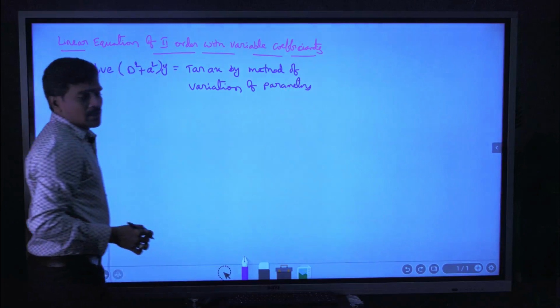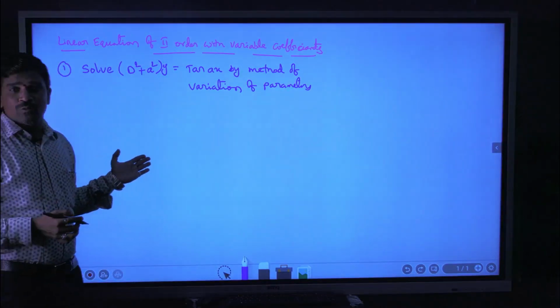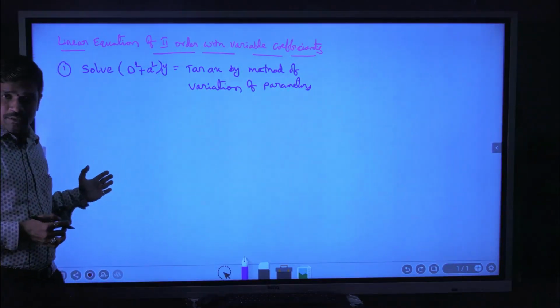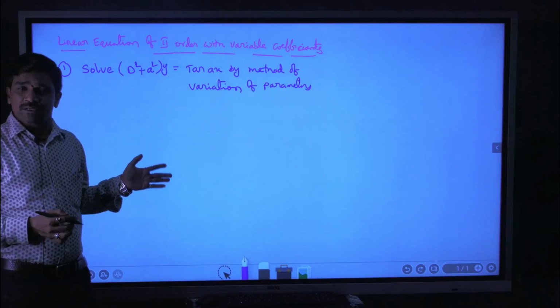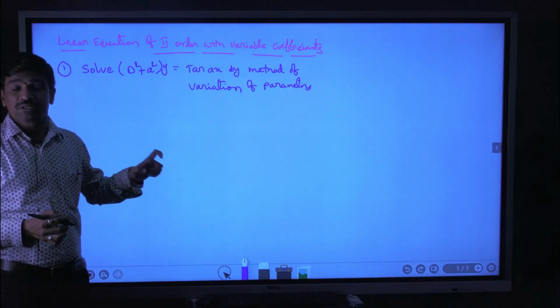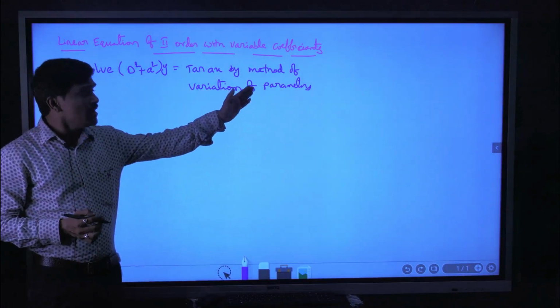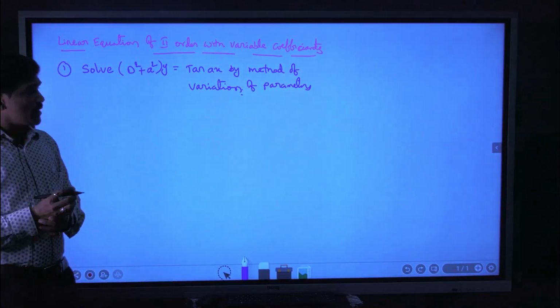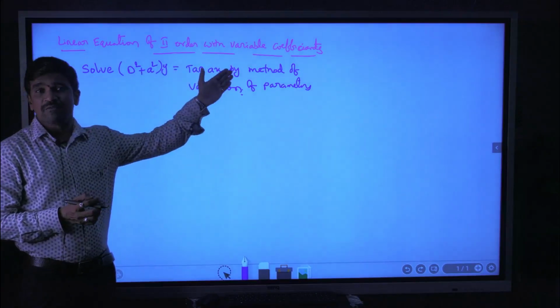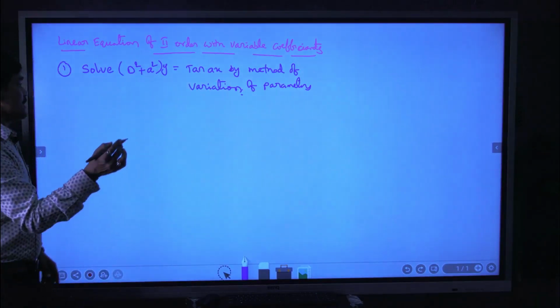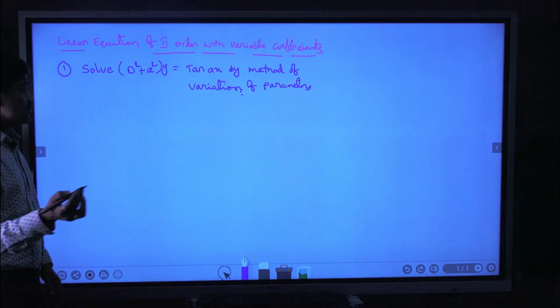Here the solution is c1 u plus c2 v, and the particular integration yp is au plus bv, then the solution is yc plus yp. That procedure is called the method of variation of parameters. Now solve this differential equation by variation of parameters. First of all, find the complementary function.